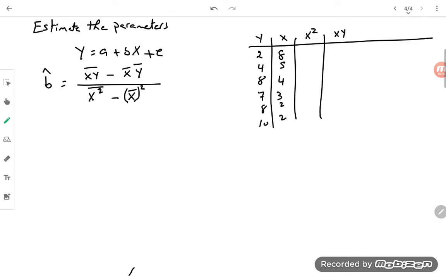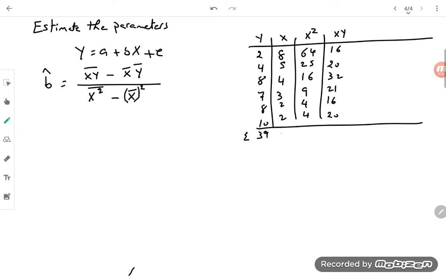It's calculated as x squared is 64, 25, 16, 9, 4, and 4. xy is 16, 20, 32, 21, 16, and 20. This is the summation for each one of them. It will be 39, 24, 122, and 125.